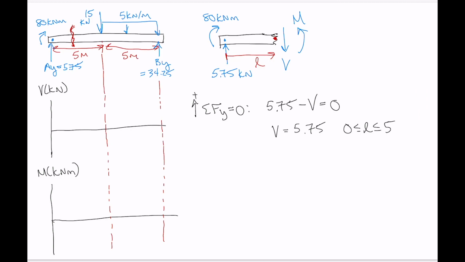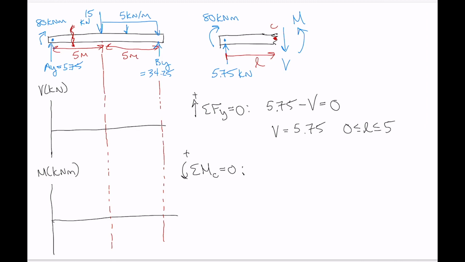So if we call this point C, then we've got sum of the moments about point C has to be equal to 0 here, and I'm just going to take, as I usually do, the counterclockwise direction to be positive.